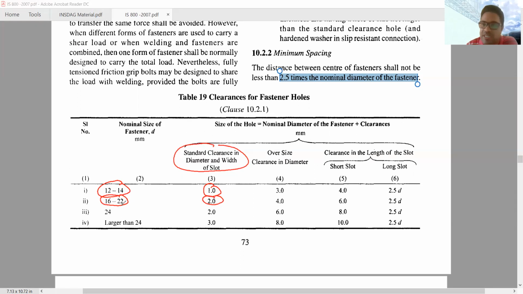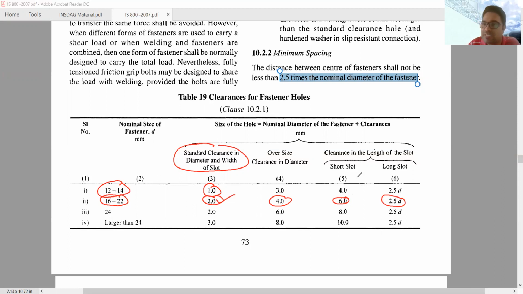So if we are using a 22 mm dia bolt, the dia of the hole will be 24 mm. Similarly, for oversized slots and for long slotted and short slotted holes, it will be different. For a short slot it will be 6 mm, and for a long slot it will be 2.5 times D. So that is the long slot.